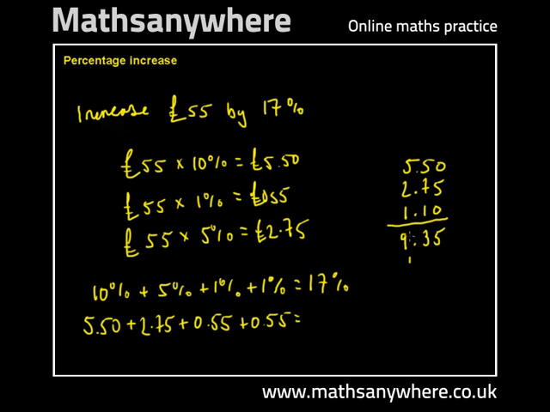We then need to add that £9.35 to the £55, because it's not just what is 17% of £55, it actually says increase the amount, so we need to work out 17% and add it onto the £55.